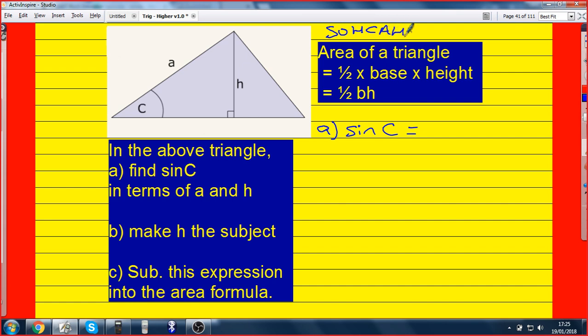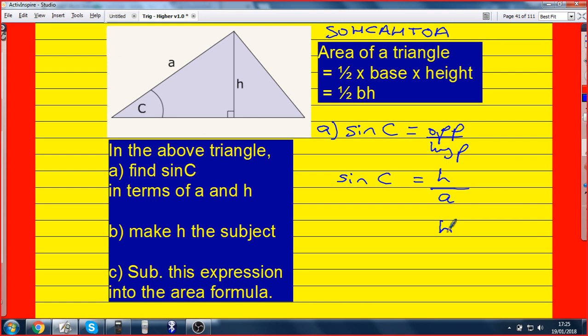Yeah, so sine is opposite over hypotenuse. And for this one, what is the opposite? What is the hypotenuse? Hypotenuse is A. Opposite is H. Yeah, so the H stands for height.